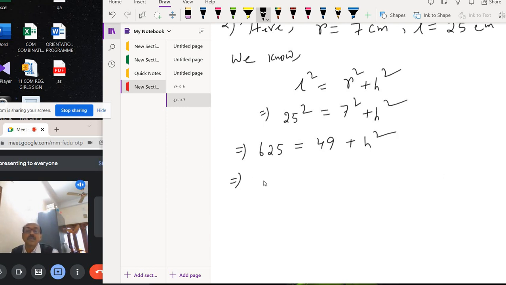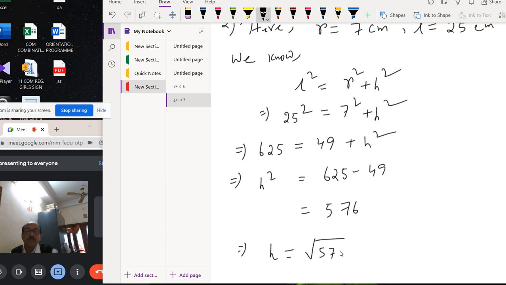So H square equals 625 minus 49, which is 576. Therefore H equals the square root of 576, which is 24. So the height is 24 centimeter.